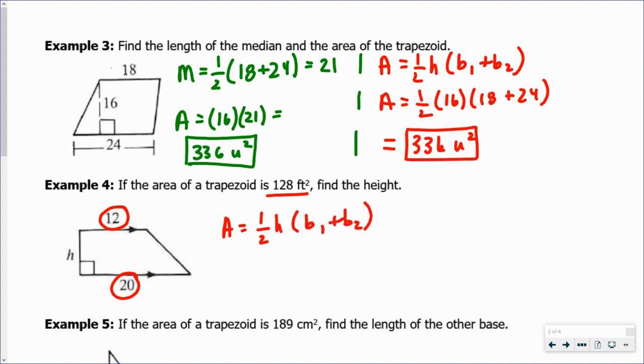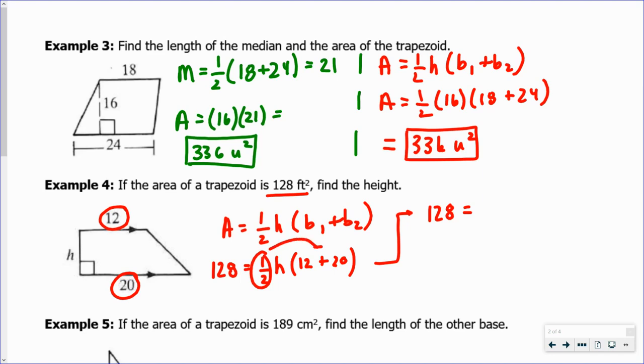So here we go. I'm going to plug in 128 because we know the area. We don't know the height, so I'm going to leave that as the variable h. And then B1 and B2 would be 12 plus 20. Now I'm going to rearrange things over here. 128 is going to equal, and I'm going to distribute this 1/2 to this sum.